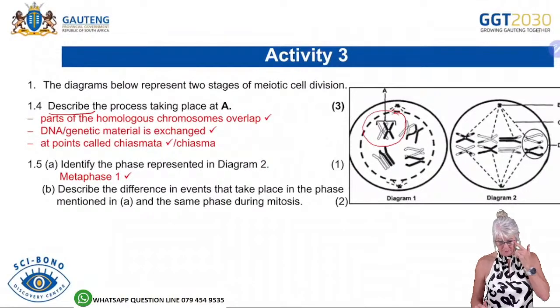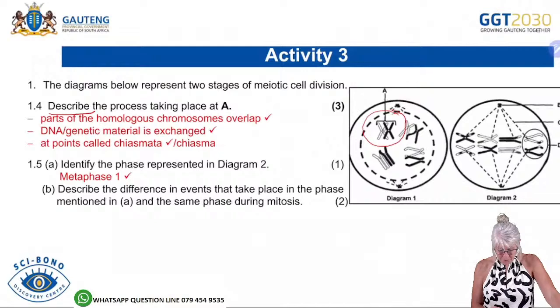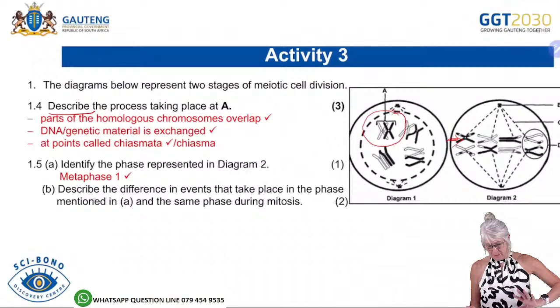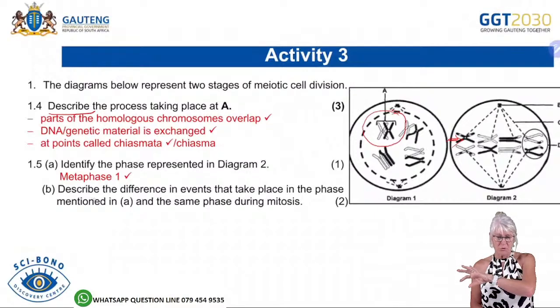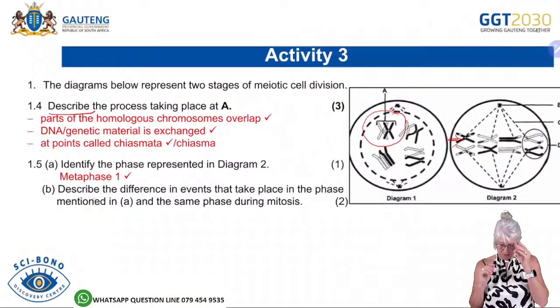Those are the 3 things. All right, then 1.5, they say identify the phase represented in diagram 2. So there we already said earlier that it is metaphase 1 because our chromosomes are arranged here in the middle. And then describe, you see, this is the one where I said examiners can either ask you about meiosis 1 and 2 as differences, or they can replace it and ask you about mitosis.